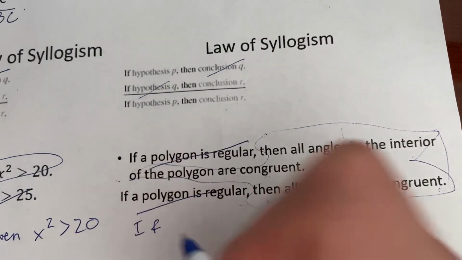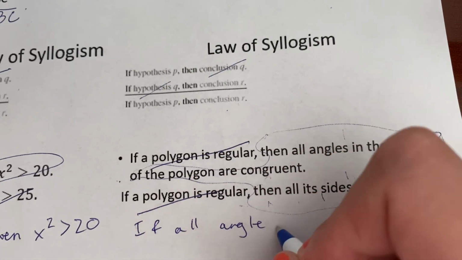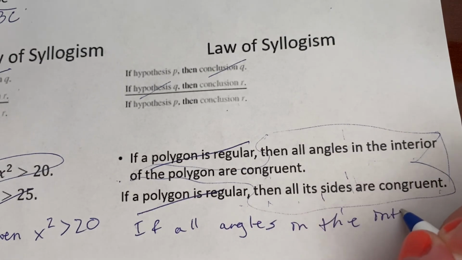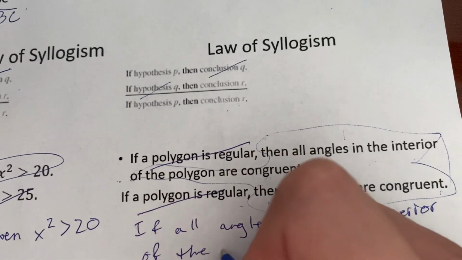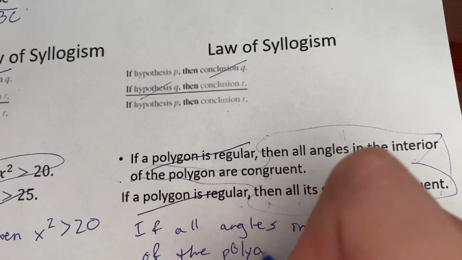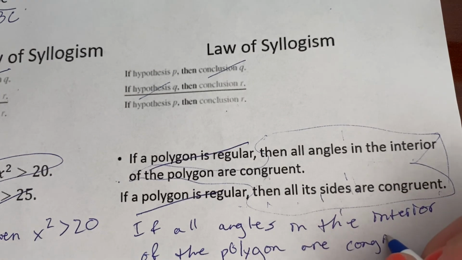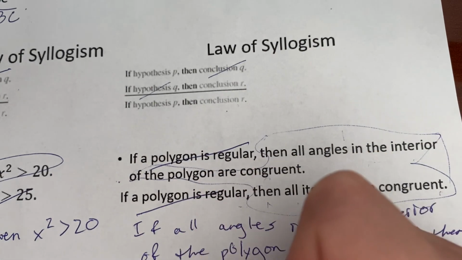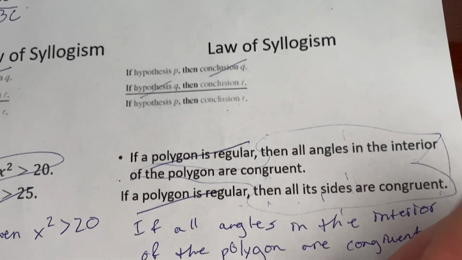So I would say, if all angles in the interior of the polygon are congruent, then all its sides are congruent.